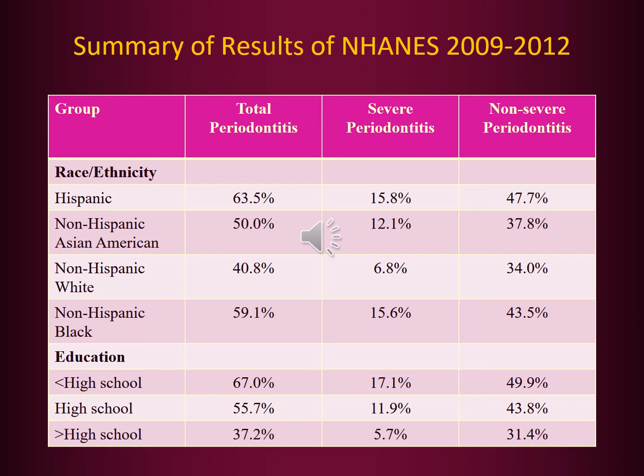In fact, if you look at severe periodontitis, those with higher education, greater than high school, 5.7% versus 17.1% for those who have less than a high school education. So again, suggesting that there's a much greater likelihood of having periodontal disease if you have less education.